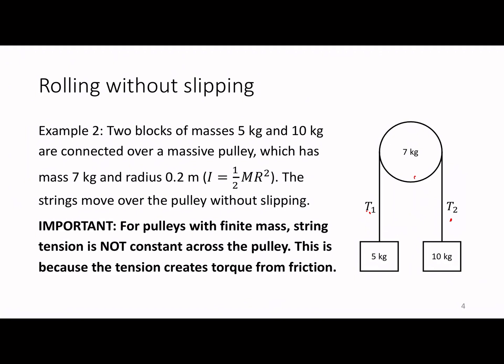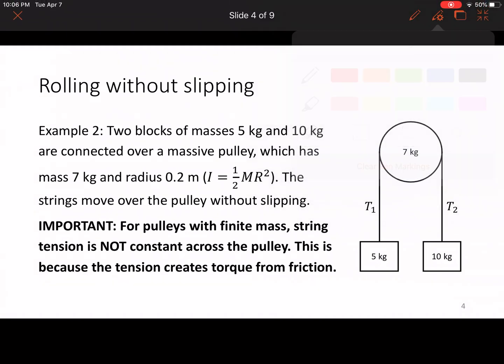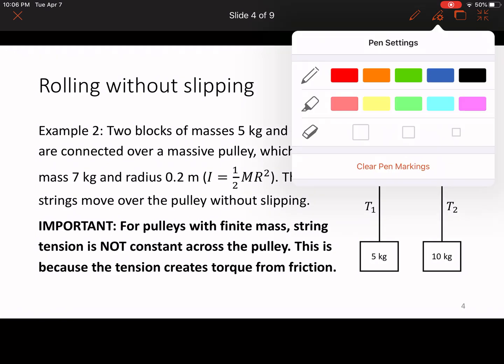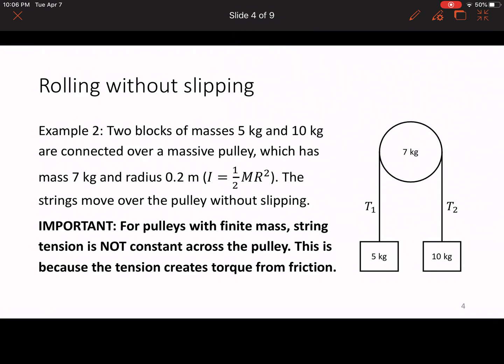And if the tensions were exactly the same, the net torque would have to be 0. So you can think of what's happening as there's some static friction between the pulley and the string. That static friction is going to create torque, and in the process is going to make the tensions different.